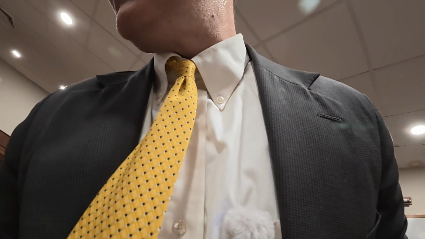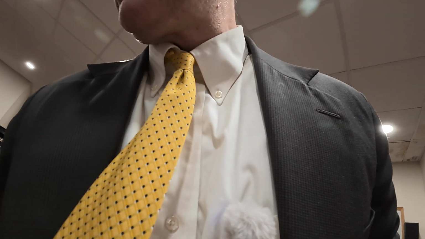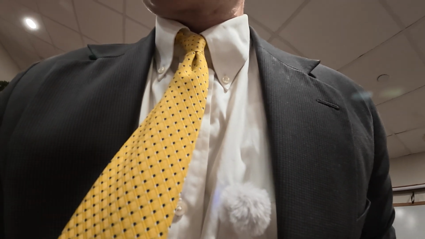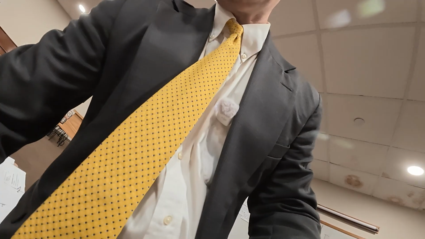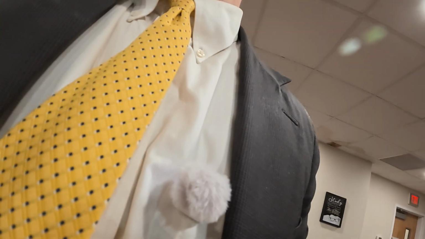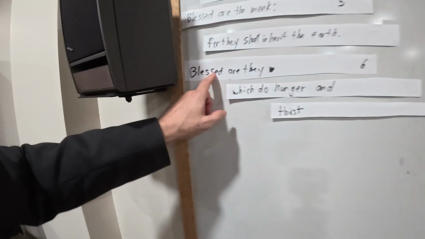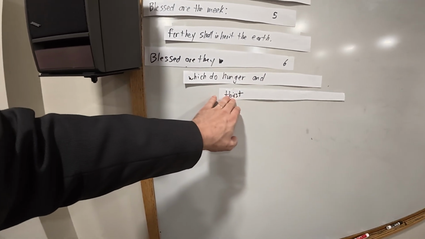Next one, we are at the top of the batting order. Next phrase is after righteousness. So now it's getting a little more tricky because there could be a lot more places to put this. We have blessed are they which do hunger and thirst.